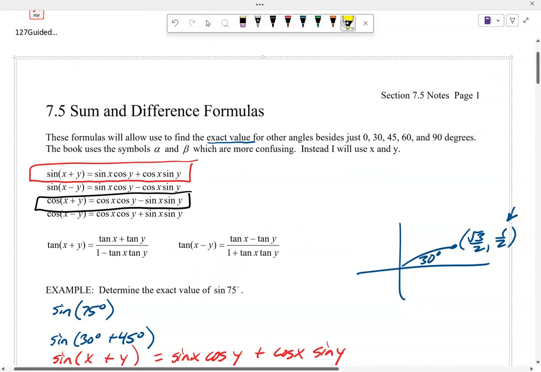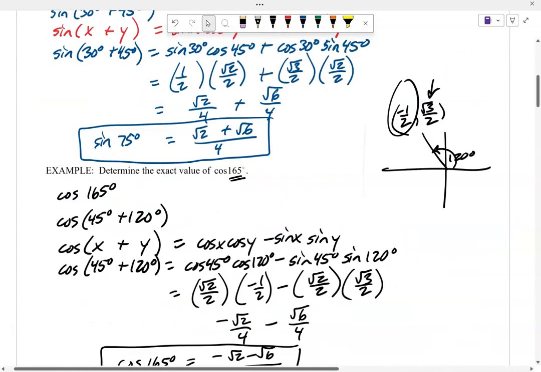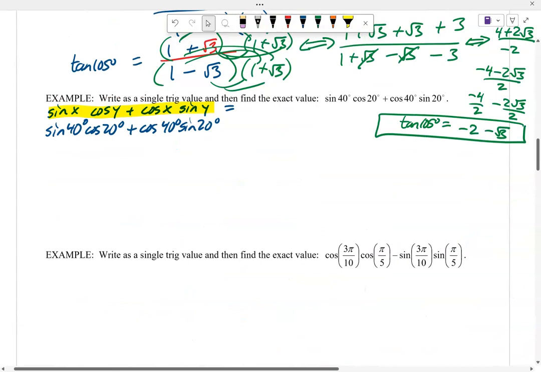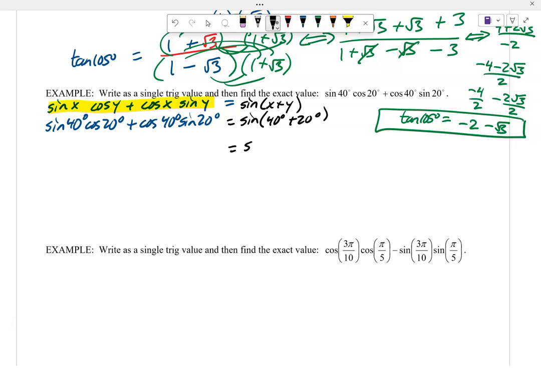And I'm like, oh, let me erase these. That's this one right there, right? Sine x cosine y plus cosine x sine y is sine of x plus y. So this would be sine of the 40 degrees plus the 20 degrees, which is the sine of 60 degrees.